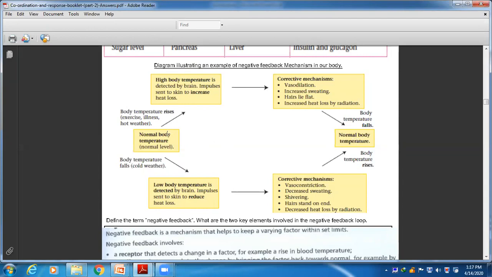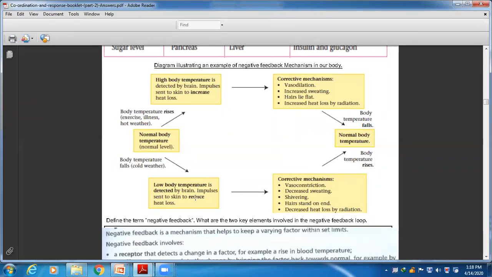Now let's suppose your body temperature falls lower than normal, meaning it comes down from 37 degrees Celsius. What changes will come in your body? Low body temperature will first of all be detected by your brain, which will send an impulse to your skin to reduce heat loss.